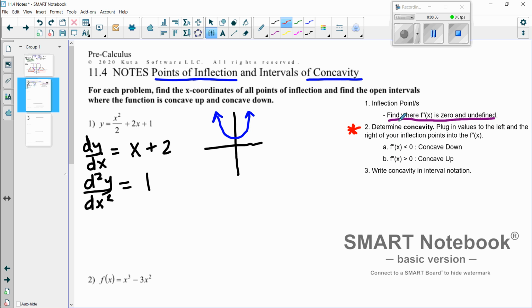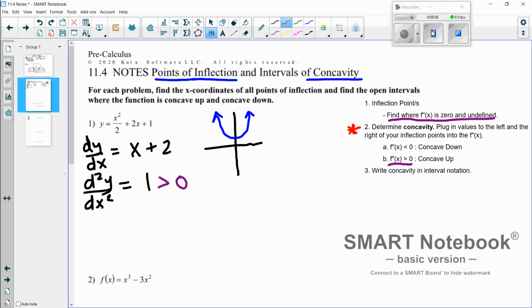But what I will say, we do have to determine the concavity of this parabola. Well, it is definitely concave up, right? It's facing up. Another way we write it is the second derivative is greater than 0 here. So what I'm looking at here, there's two cases really that will only pop up. And in this case, we have this case B, and the second derivative is greater than 0, right? 1 is greater than 0 here.